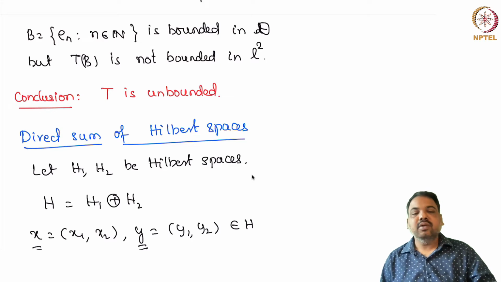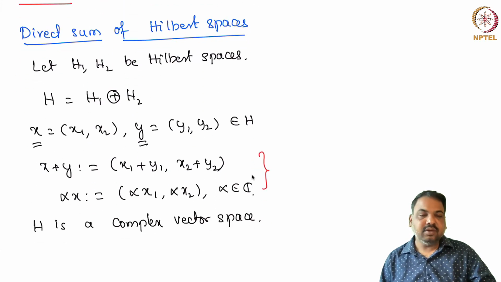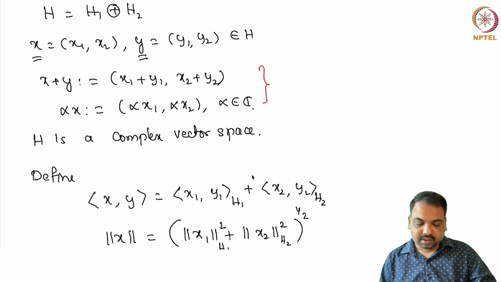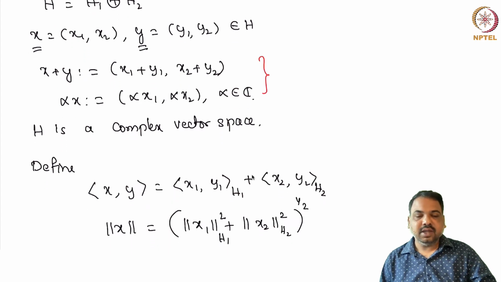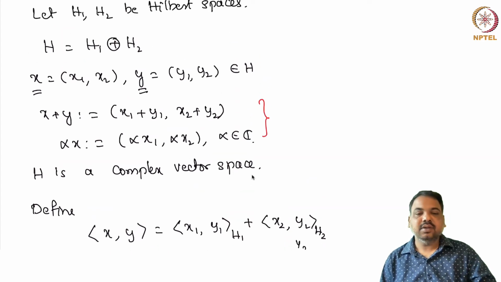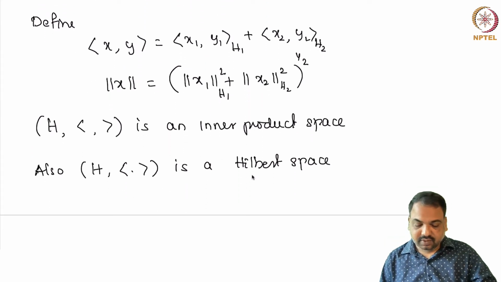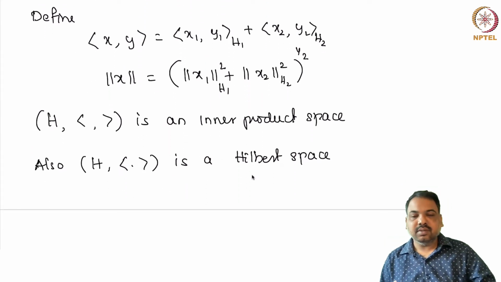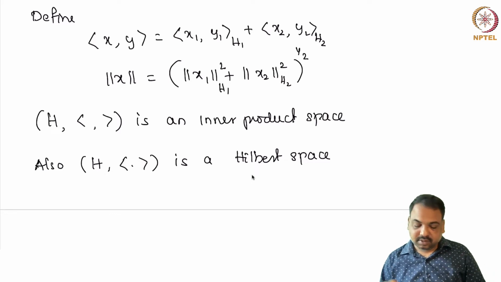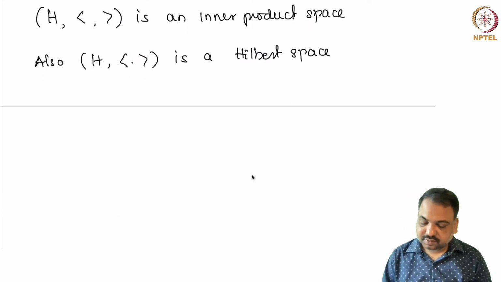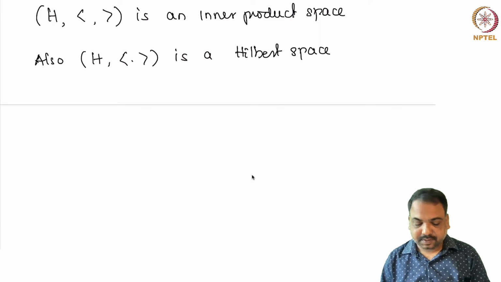But when we go for infinitely many Hilbert spaces, we have to put a condition that the summation of norm xi square is finite. This is similar to the definition of the L2 norm. So this in fact generalizes the definition of the L2 space.